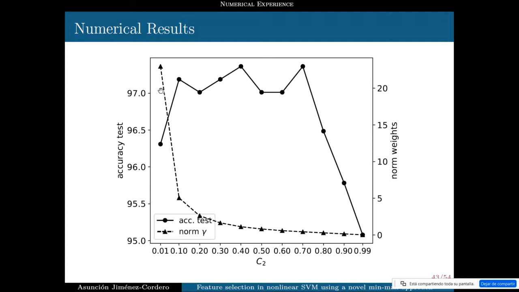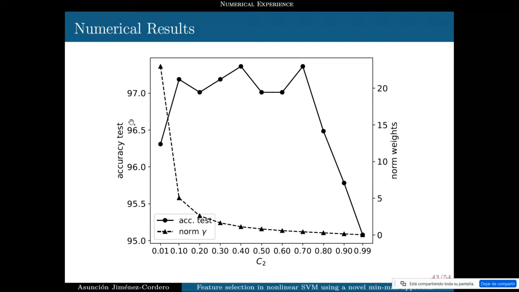And we can see, and this is not a surprise, that the higher the C2 value, the lower is the norm of the gamma. And here we can see that the solid line corresponding to the accuracy on the test sample is not so smooth as the other one. And this is due to 2 main reasons.